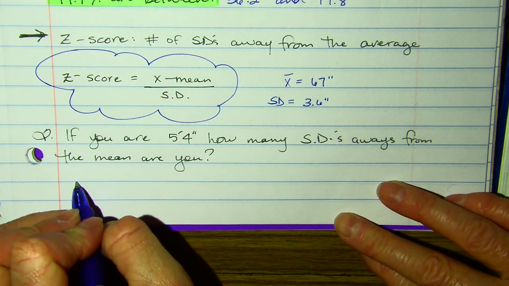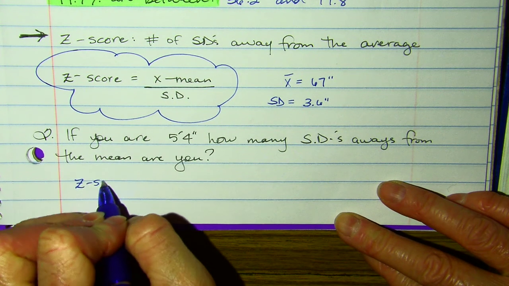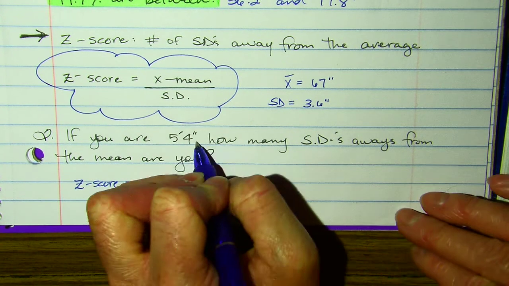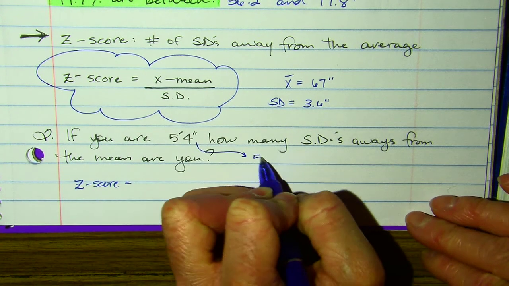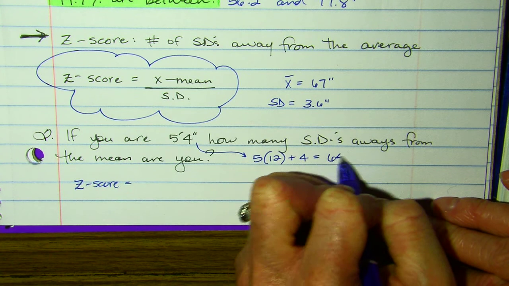To find how many standard deviations away, you would find your Z-score. First I have to convert this to inches, right? 5 times 12 plus 4 equals 64 inches.